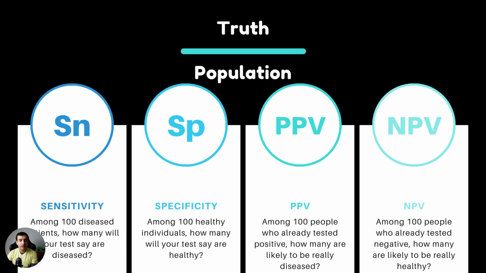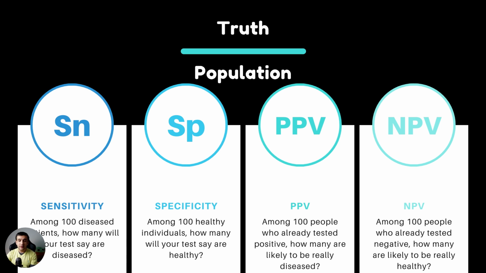We'll talk about that. Sensitivity, you can define it in various standard ways, but the most intuitive, I think, is to define it as: among 100 diseased patients, how many will your test say are diseased? A highly sensitive test would be used as a screening tool, because among 100 diseased people, if you apply the test, it'll say that 100 of them are diseased, and that's 100% sensitivity. Specificity is, among 100 healthy people, how many your test will say are healthy.